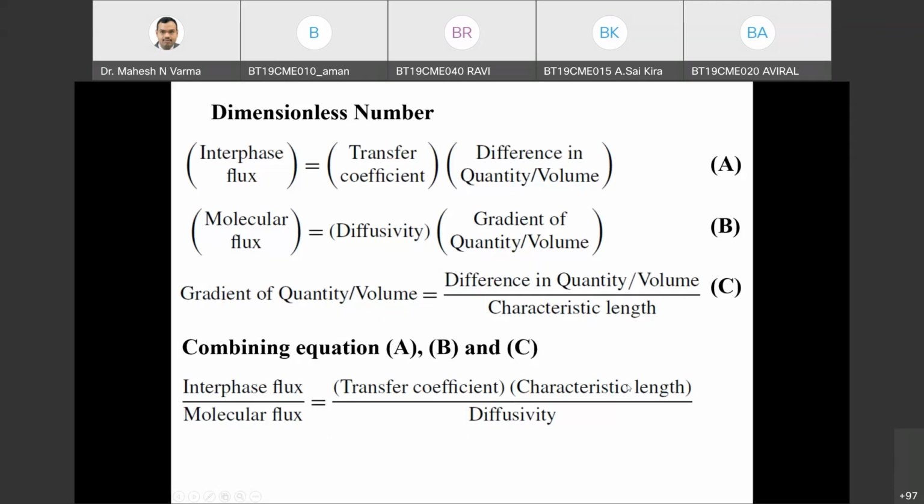So this characteristic length will go upside, on the numerator. It will be transfer coefficient multiplied by characteristic length divided by diffusivity, and this represents the ratio of interface flux to molecular flux.